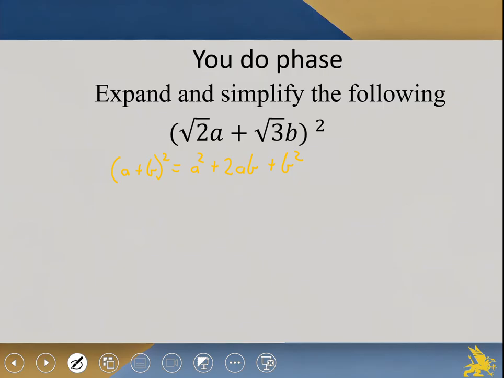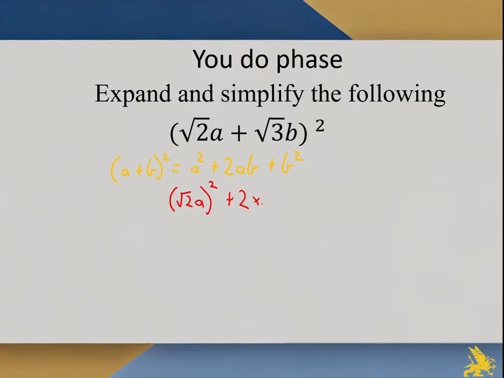So in this case here, I've got an a, which is square root 2a, squared, plus 2 times square root 2a times square root 3b, and then plus b, which is square root 3b, and then I'm squaring it.